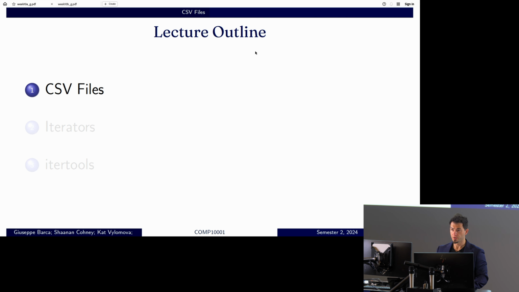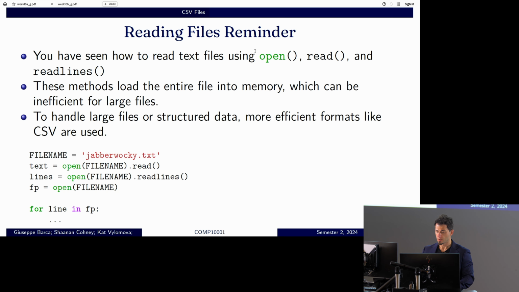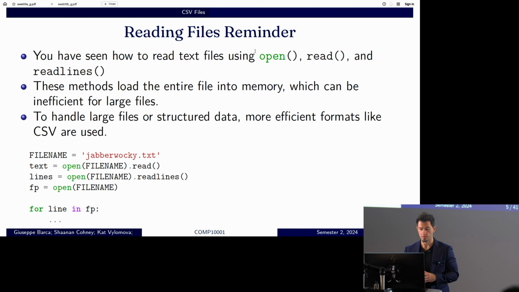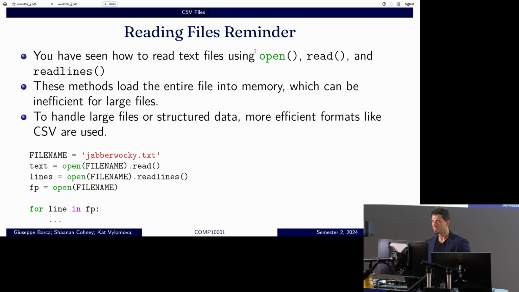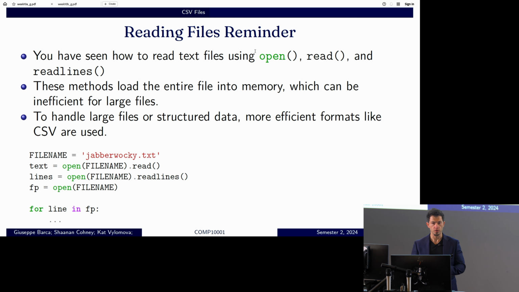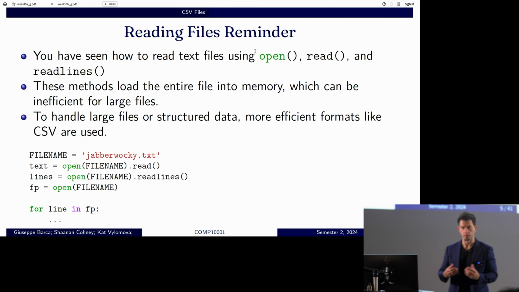Okay, first topic of today, CSVs. Since this is a form of file, let's start with a quick reminder on how to deal with files and how to read them. There are a few basic methods that we have already seen. First of all, when you deal with a file, you use the function open to open the file.